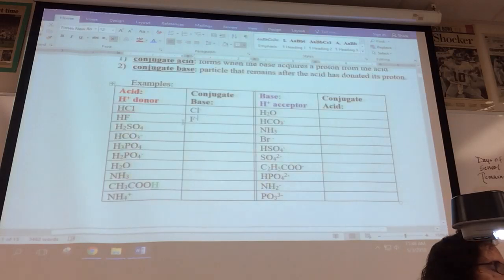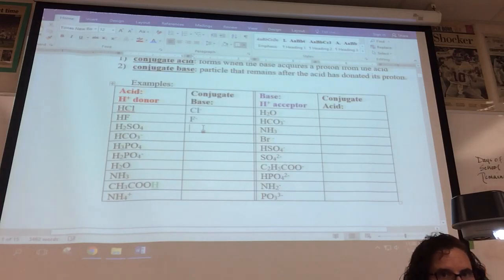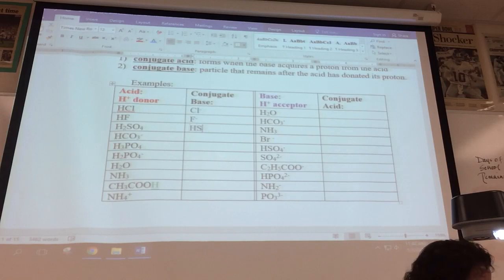All right. If you have sulfuric acid, again, the conjugate base will differ by 1 proton. So you're going to take 1 off. You don't change the number of O's. Initially neutral, now 1 minus. We've got a hydrogen carbonate, also known as a bicarbonate ion. Remove 1 proton.